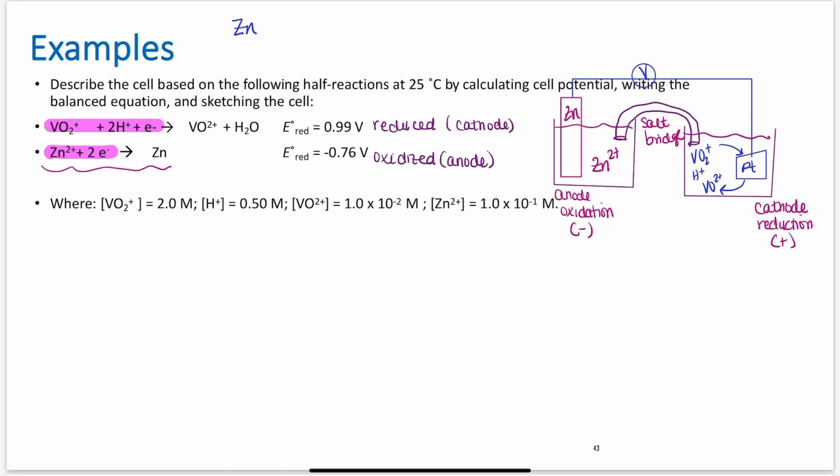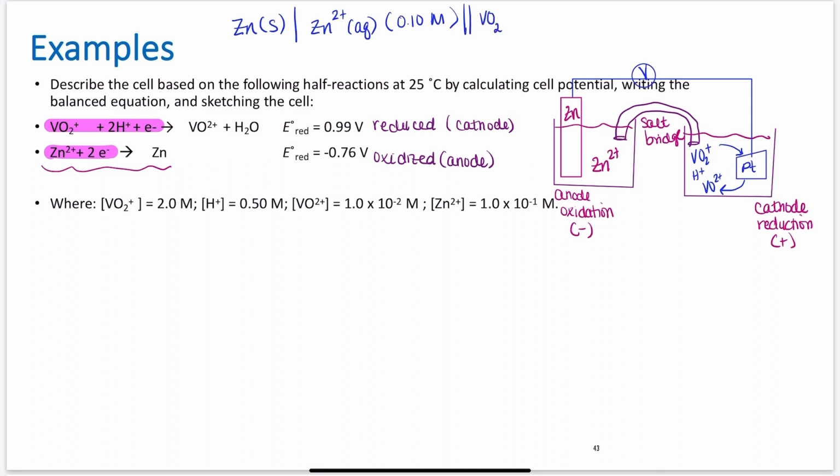I know my shorthand goes anode to cathode. So at my anode, I've got zinc, solid, phase separation, zinc 2+, aqueous. Now, my zinc is not at 1 molar concentration, so I'm going to write the concentration in here. 1.0 times 10 negative 1 is the same as 0.10 molar. You can write it either way, I don't care. I like not doing scientific notation if I don't have to. Salt bridge.